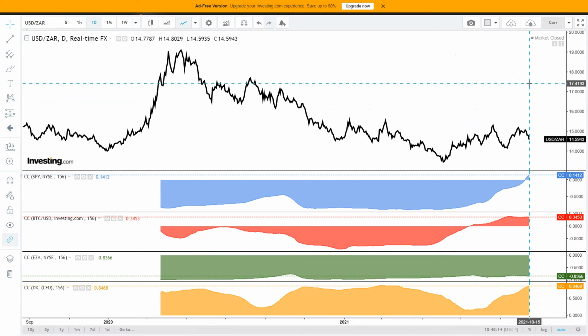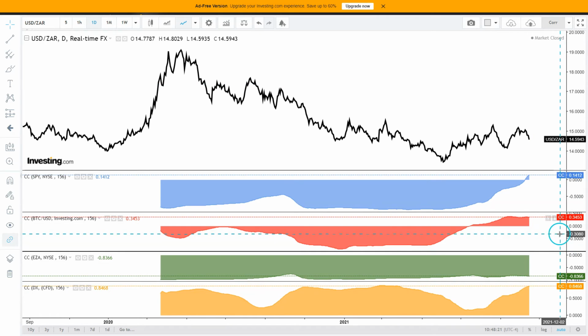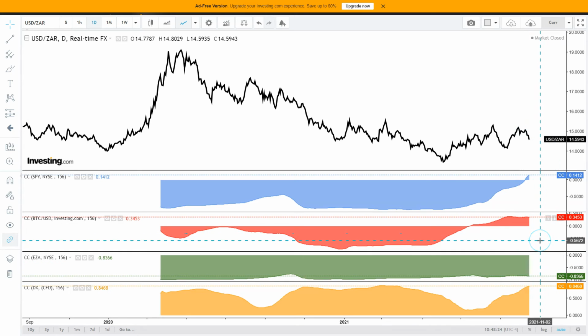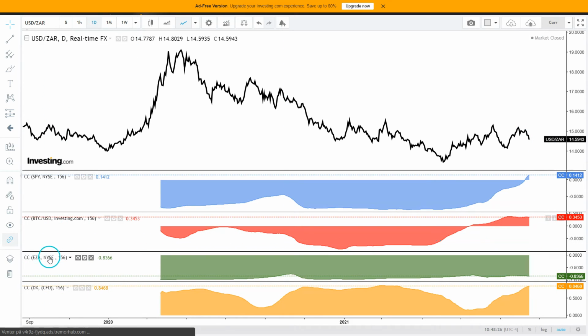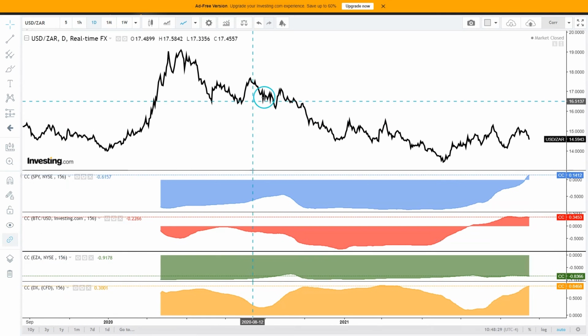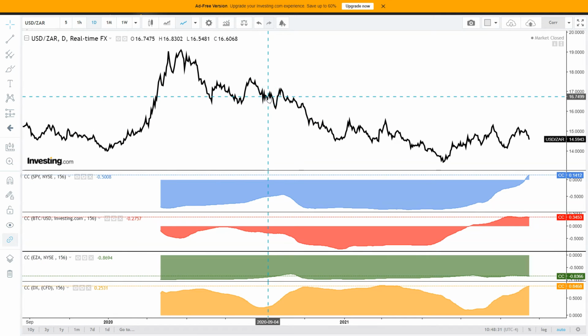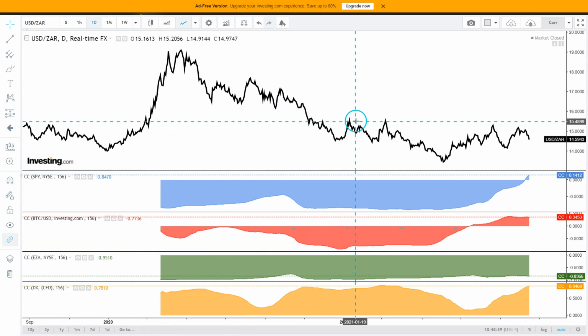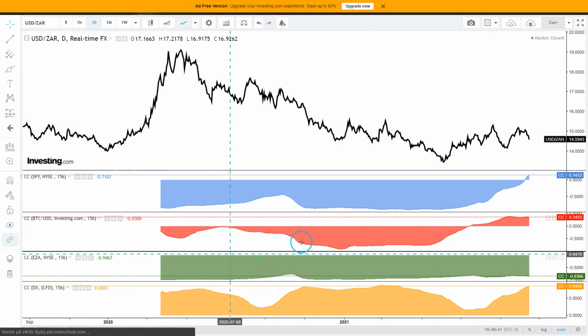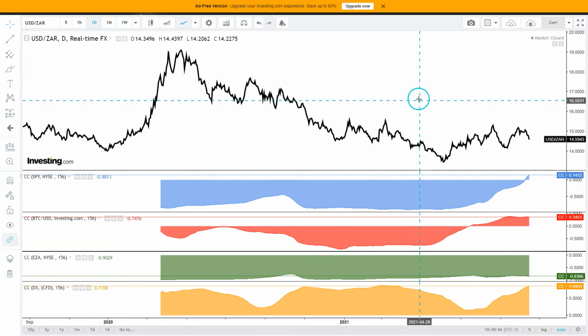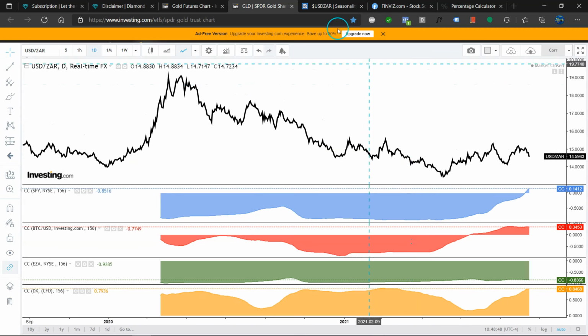So here we have, on the daily data points, 14% positive correlation with the S&P 500, 35-ish% positive with Bitcoin, minus 84% negative with the South Africa Stock Market ETF. So there's a very clear negative correlation here, so strengthening in the US dollar vis-a-vis the South African rand is clearly bearish for the South African stock market. And there's an 85-ish% positive correlation here with the dollar index.